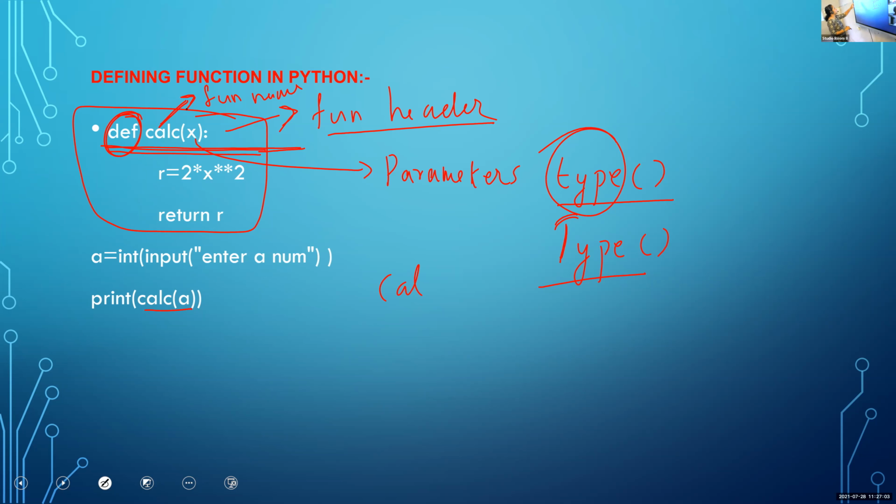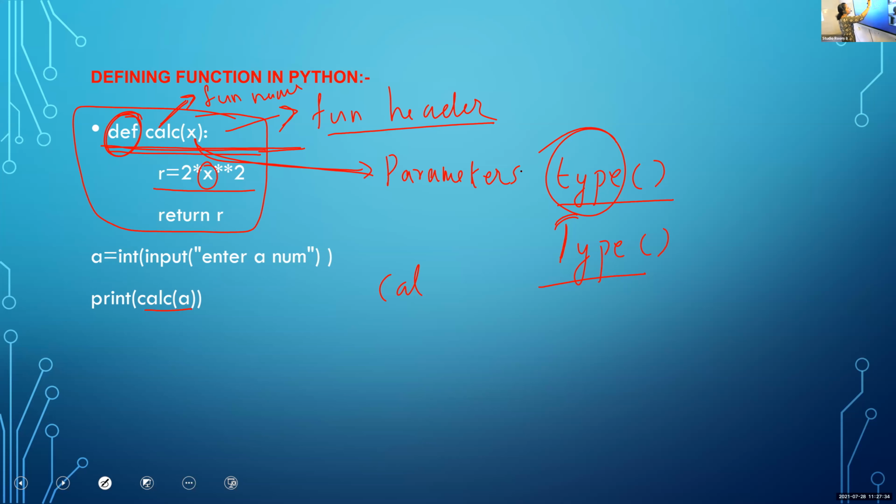So this is user defined function. So def is the keyword used for defining the function. After that, calc is the function name, and here we are using a variable depending upon the operation. Here our operation is r is equal to 2 into x exponent 2. We need only one variable here, x. That variable we are using here. So this x is known as parameter.